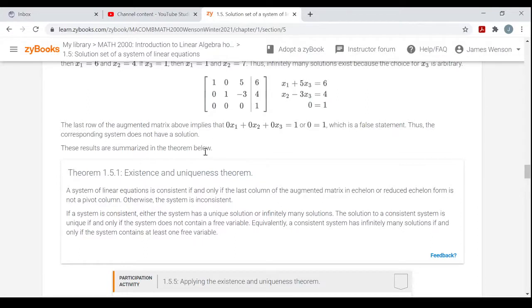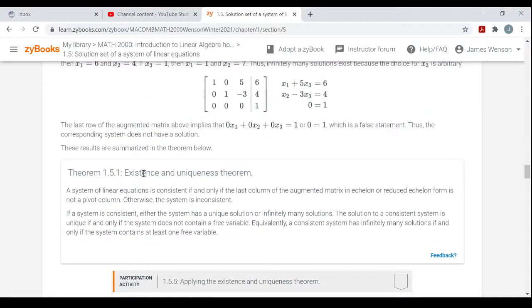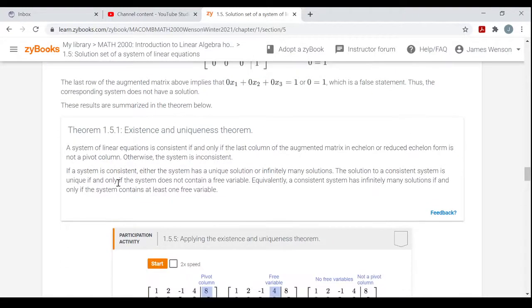Now, if the last column is not a pivot column, if a system has solutions, if a system is consistent, right, then either the system has one solution, a unique solution, or infinitely many.